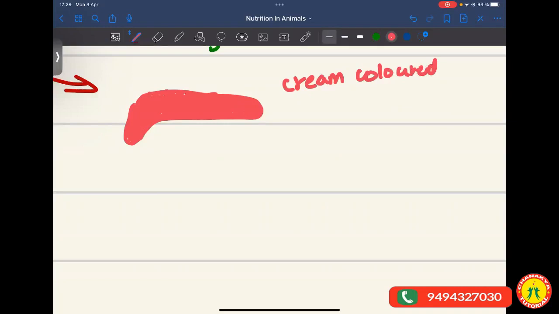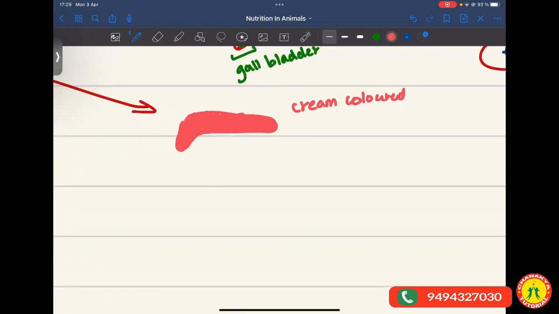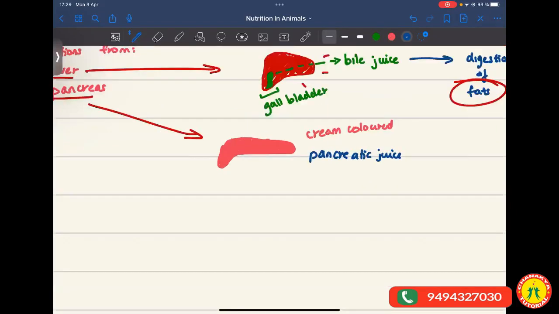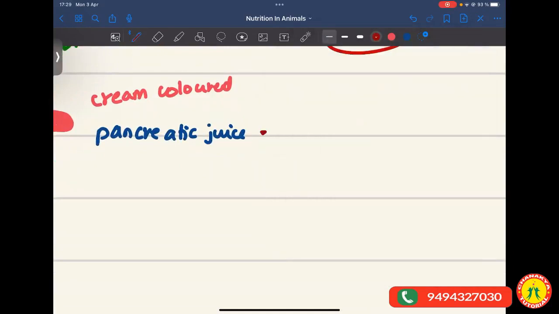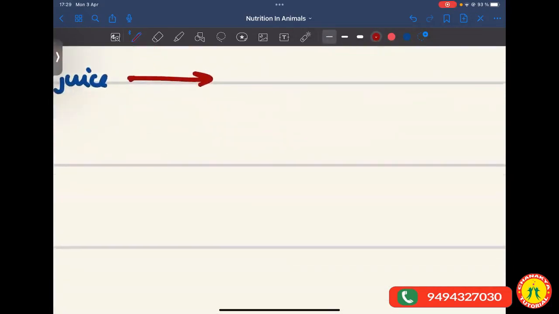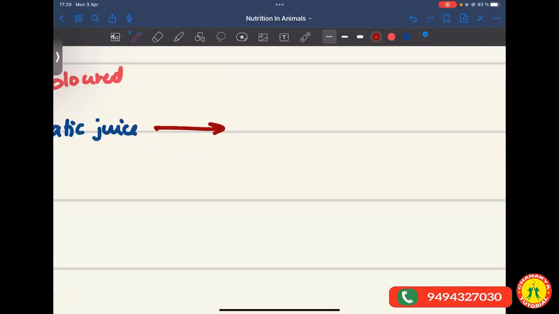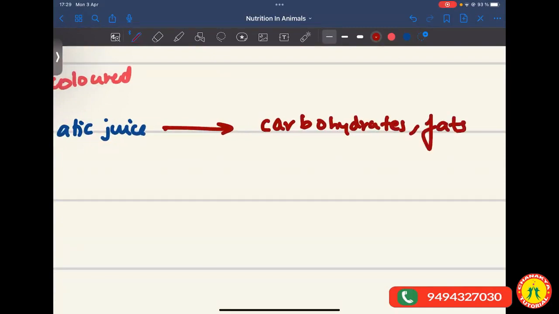And it secretes a juice called the pancreatic juice. The pancreatic juice helps in the digestion of carbohydrates, fats, and proteins.